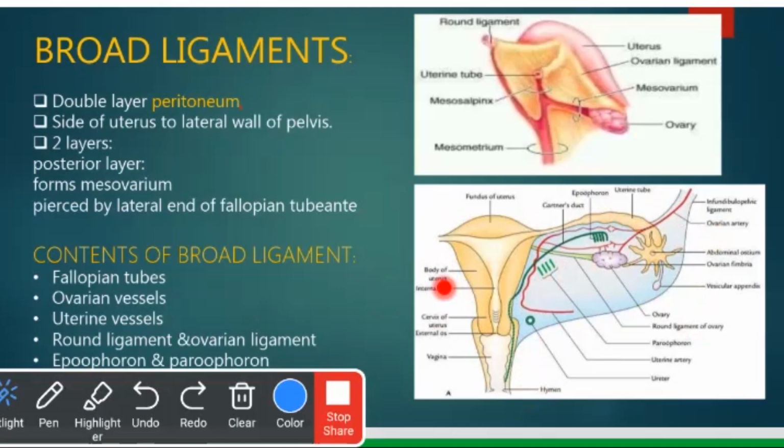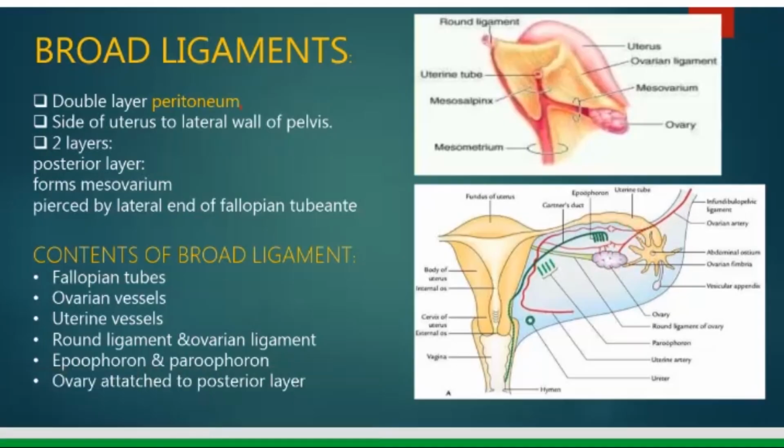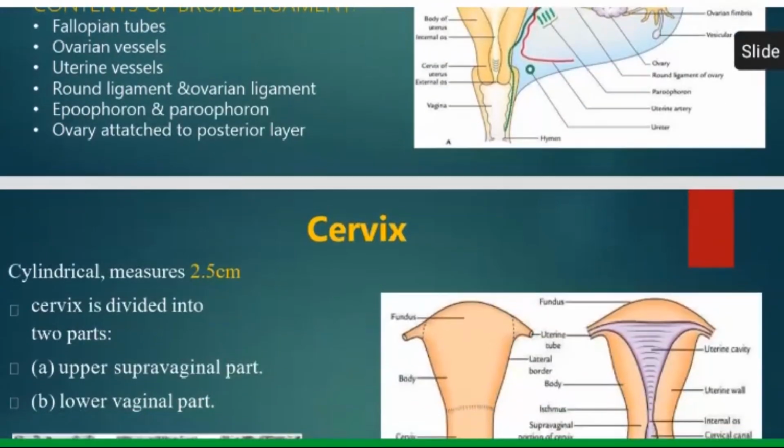So what does it contain? Fallopian tubes in the broad ligament only, ovarian vessels in the broad ligament only, uterine vessels, round ligaments and ovarian ligaments, epoophoron and paroophoron, and the ovary attached to the posterior layer. These are all the contents of the broad ligament.